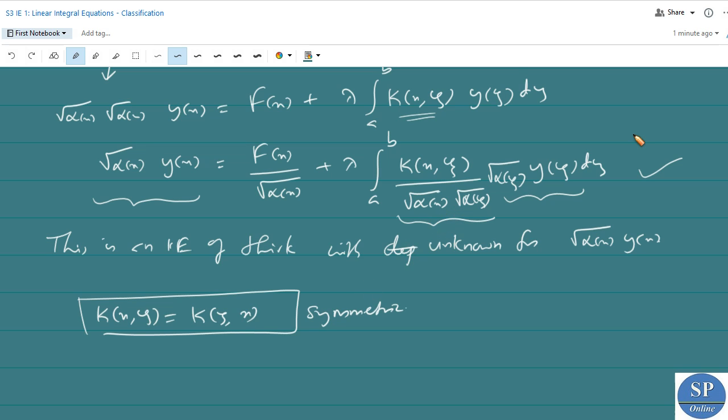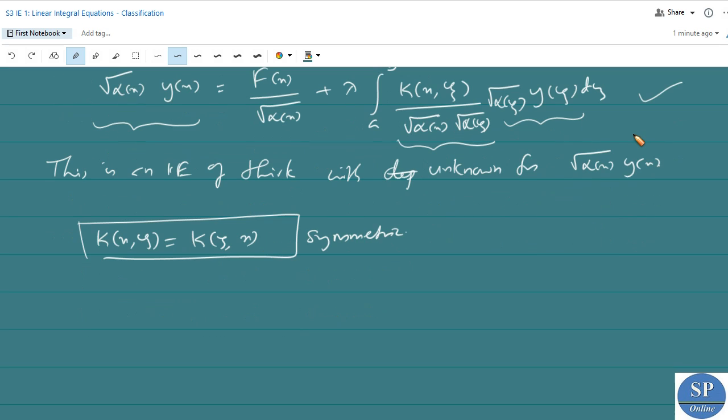Now in integral equations we usually consider the functions alpha of x, capital F of x and the kernel k of x zeta to be continuous functions in the interval AB. We know these functions are nonzero functions.